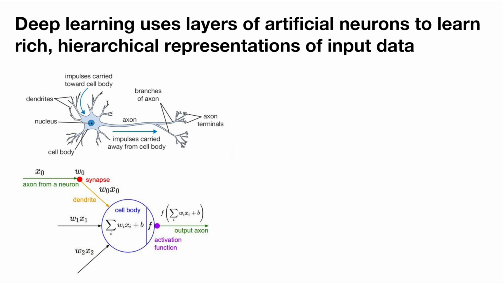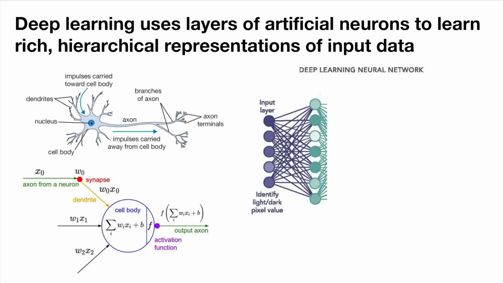But just like with real neurons, the real magic comes not when you have one artificial neuron, but when you chain them together into a so-called artificial neural network, in which the outputs from one neuron become the inputs to the next. As you can see, artificial neural networks are configured in so-called layers of neurons, which each become the input to the next ones.